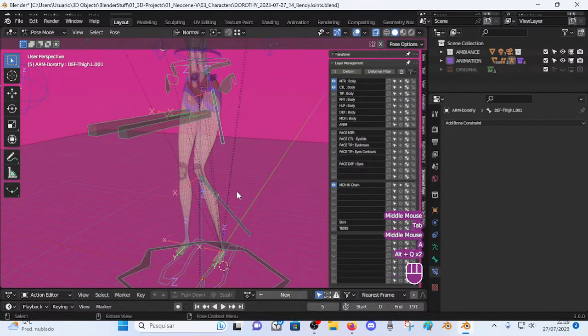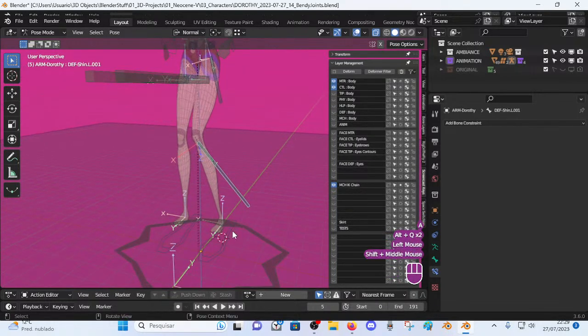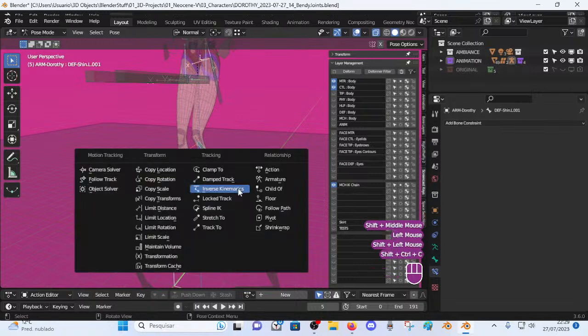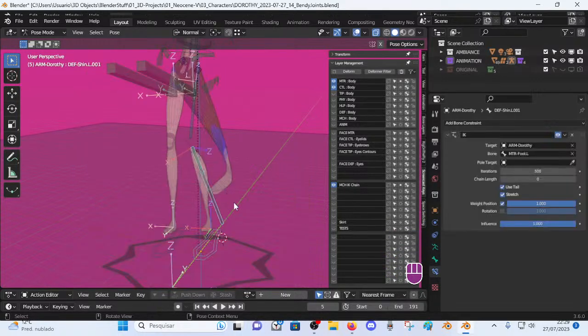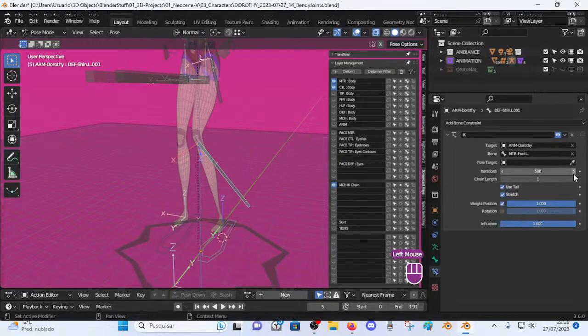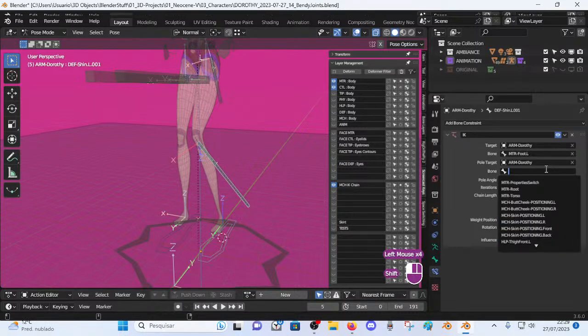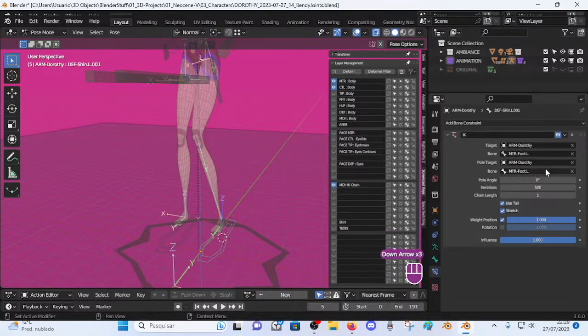So currently they are all at wrong position, but doesn't matter. Let's check this. Okay, inverse kinematics. Then of course chain length 1. We are used to that. Then we will target the master foot left.